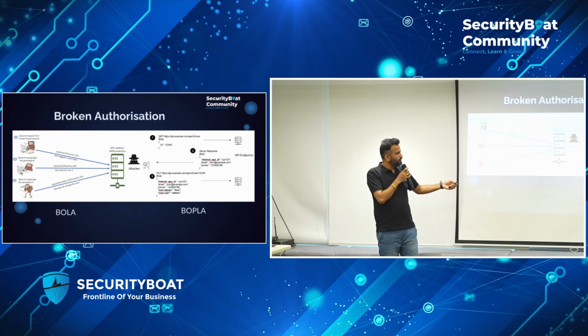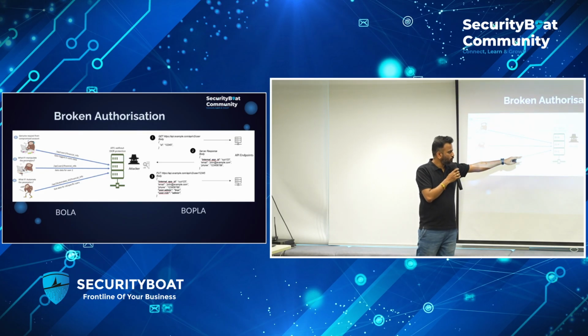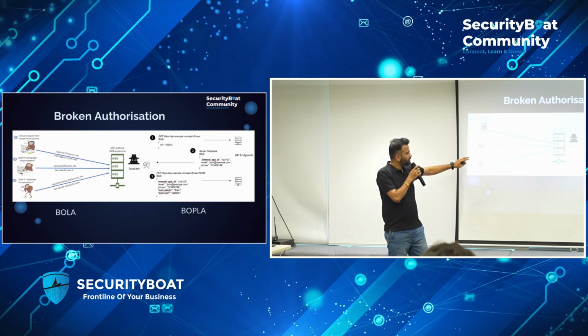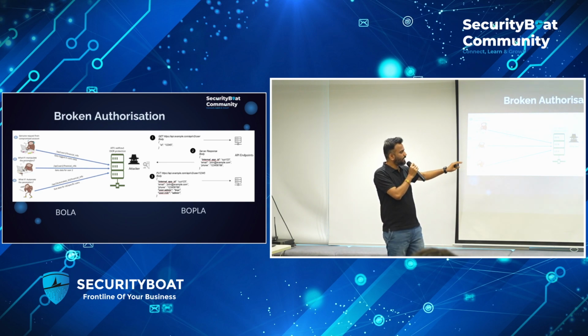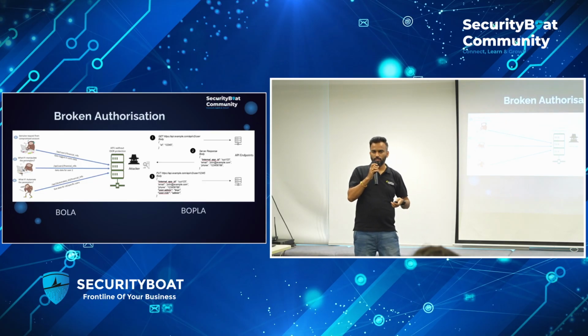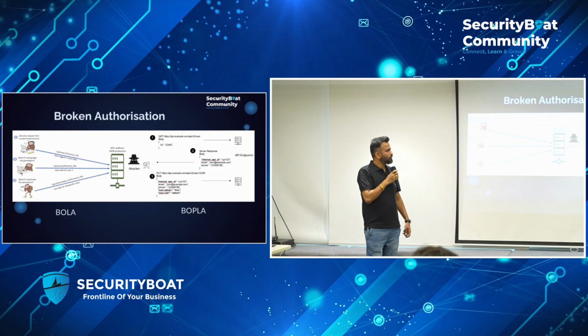Before going there, just see these 2 examples. These are 2 different ones. Read this and try to understand what kind of authorization it is: object level, object property level, or functional level. So what is happening here?